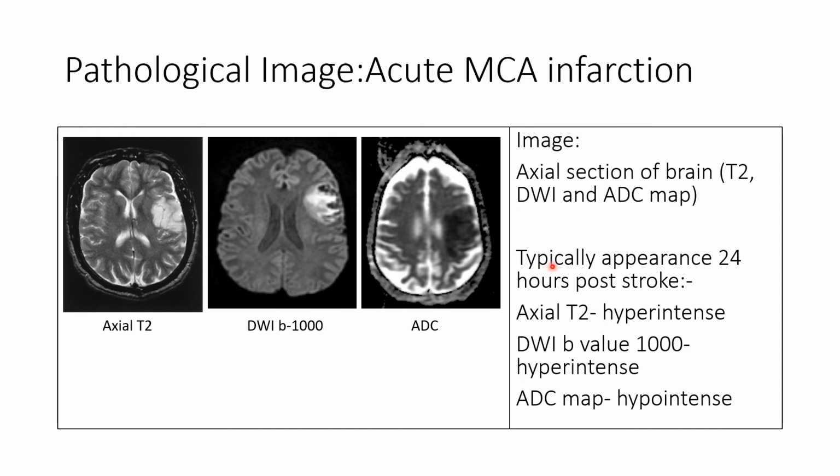So the typical appearance 24 hours post-stroke for axial T2 is hyperintense. The DWI at b value 1000 is also hyperintense, and on the ADC map it is shown hypointense.